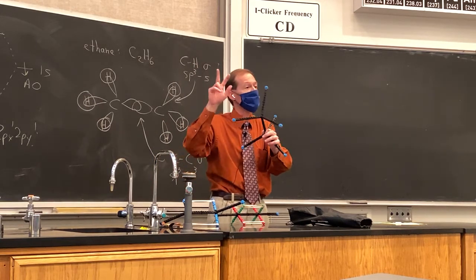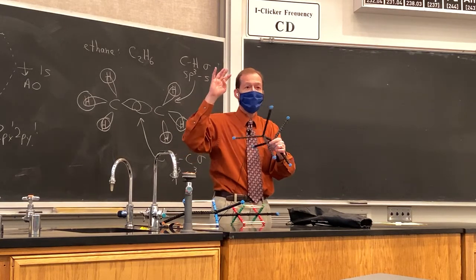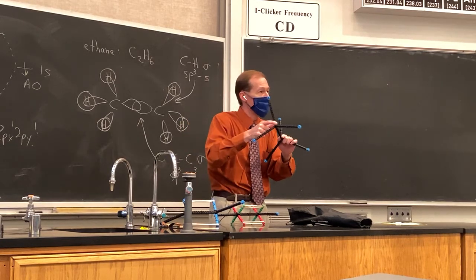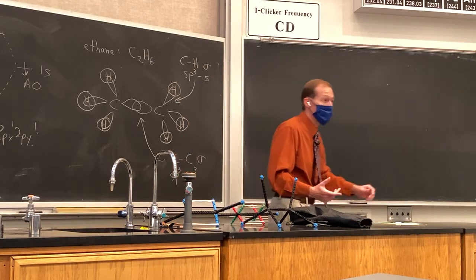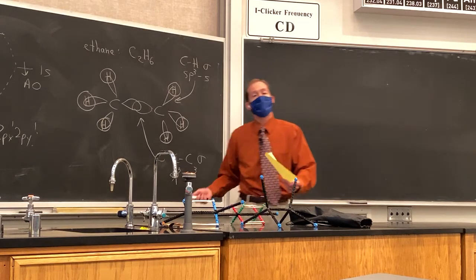Those two things are connected, also connected to four groups, right? If we have a carbon with four groups, we have tetrahedral geometry, we have sp3 hybridization because that explains the tetrahedral geometry. But if we have three groups attached to a carbon, what is the geometry at that carbon?